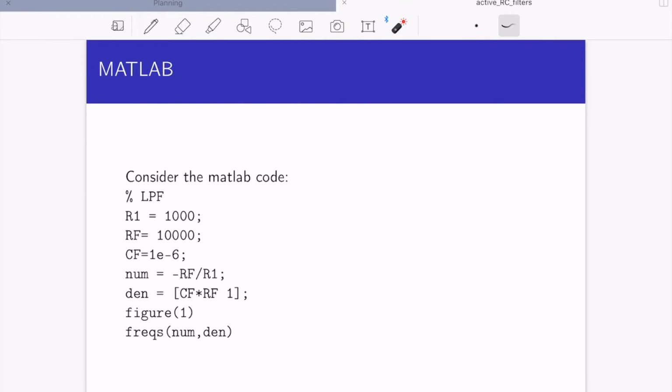Here's some simple MATLAB code. I like to go ahead and write my terms at the top so that I can easily change them out if I want to see what happens for a different value. So then I can define the numerator to be minus RF over R1, the denominator to be CF RF times S plus 1. And then I can plot using freqs, the numerator over the denominator.